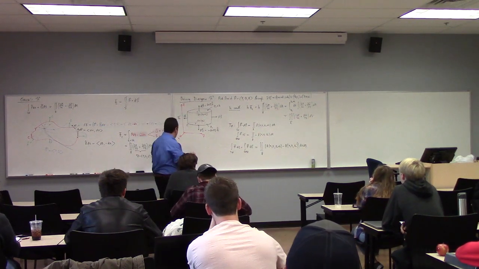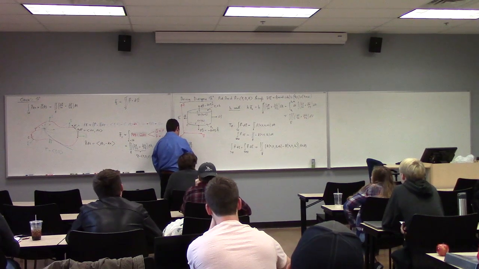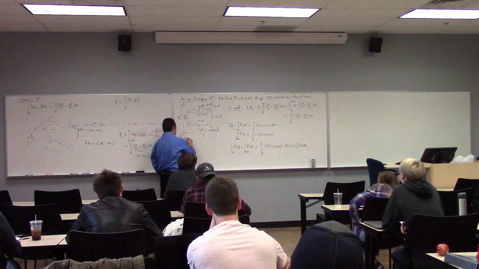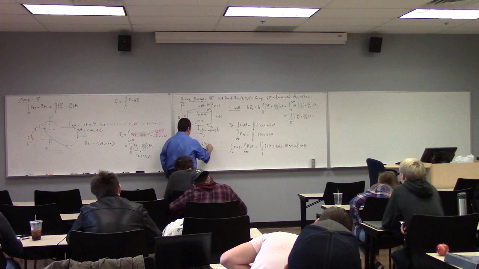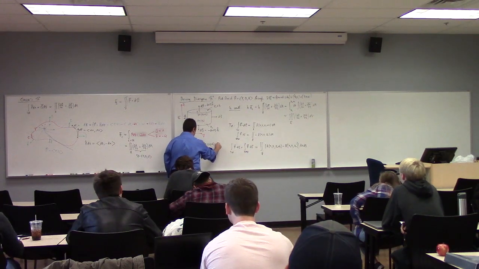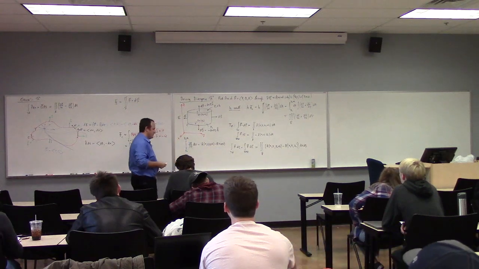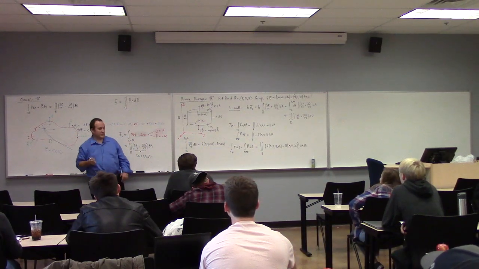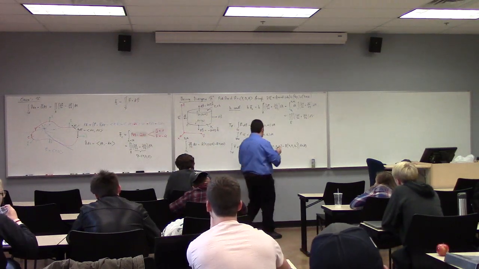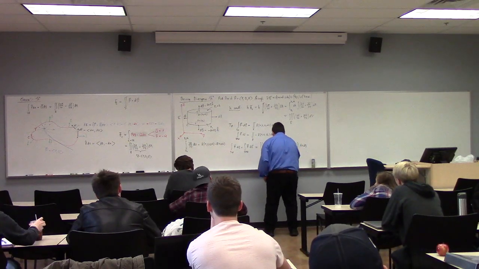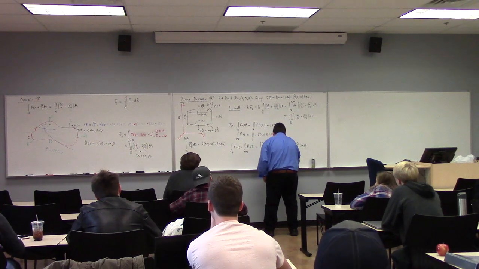What happens when you integrate the partial derivative of R with respect to z over z naught to z naught plus h? What's that? So in other words, this difference, you can identify as being precisely the integral over z naught to z naught plus h of partial R partial z.